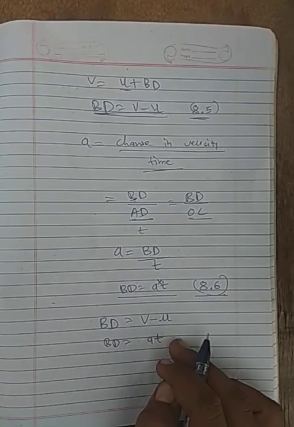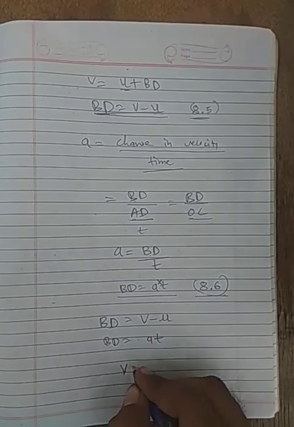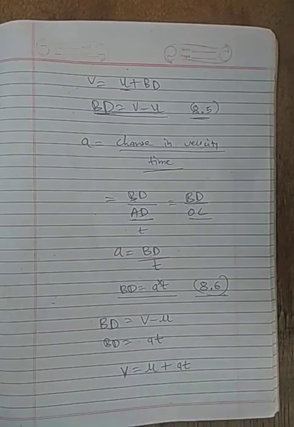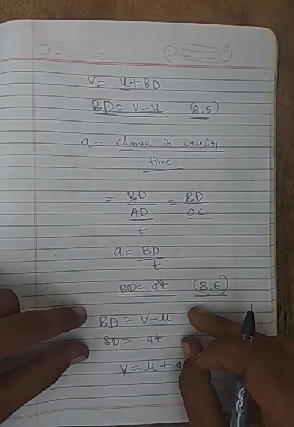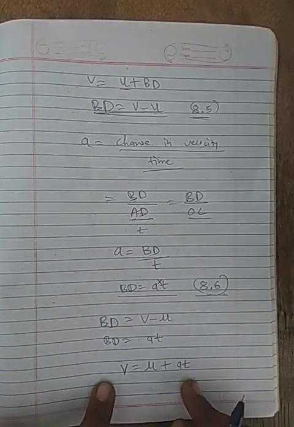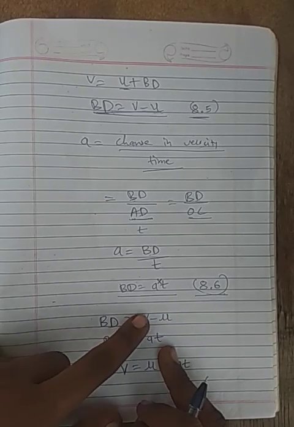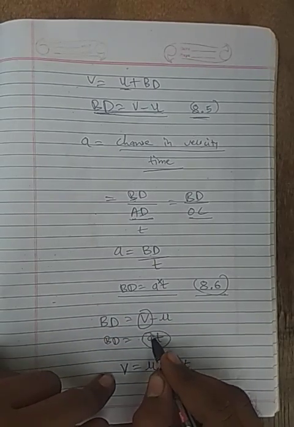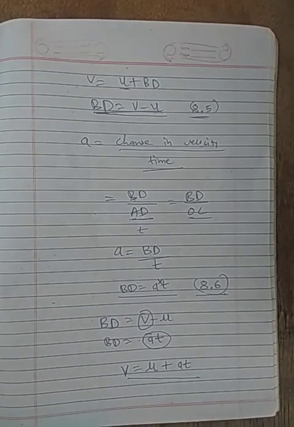If you put these two together, you will get V, means final velocity, is equal to U plus AT, because here BD is equal to V minus U and here BD is equal to AT. So if you want to calculate V, that is velocity, you will add this to this acceleration term. So here V is equal to U plus AT we got.